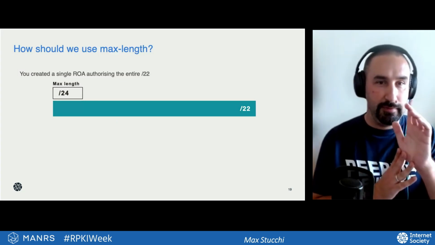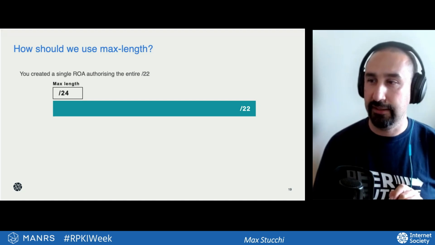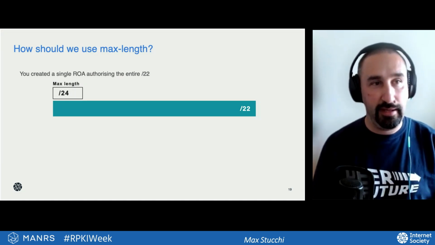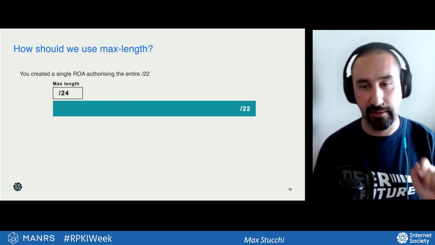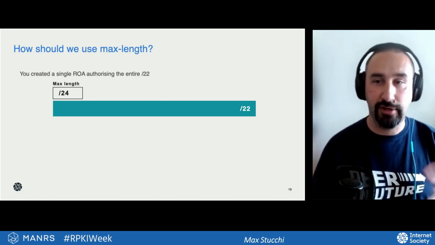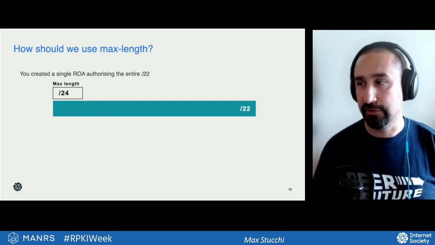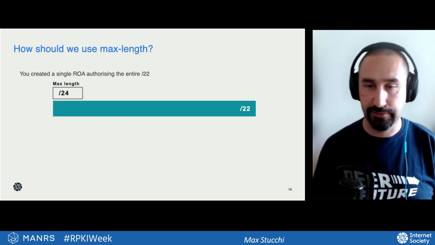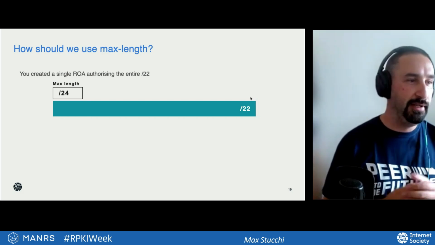Okay, this slide and the next one are going to show you what a drawback could be from using max length. And then at the end of these two slides, I will give you a short guideline, because there is a draft RFC that explains this and also gives short suggestions on how to create your ROAs. So stay with me for a moment for the next two slides, and I will answer your question.